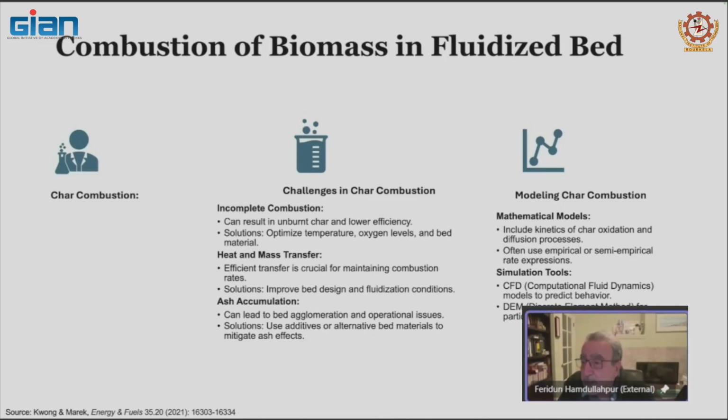As I said, a big advantage of a fluidized bed is that it has a very large thermal mass. That thermal mass is deposited in inert particles. So you have to have inert particles, either sand or ash, so that they provide the activation energy of the fuel.